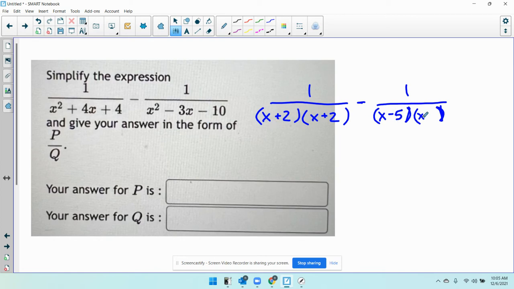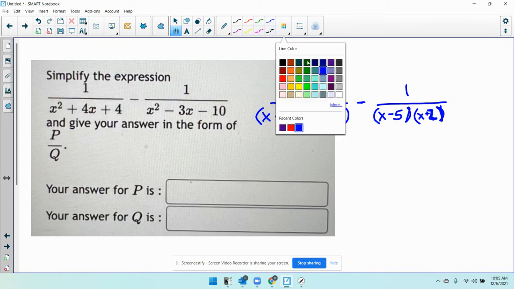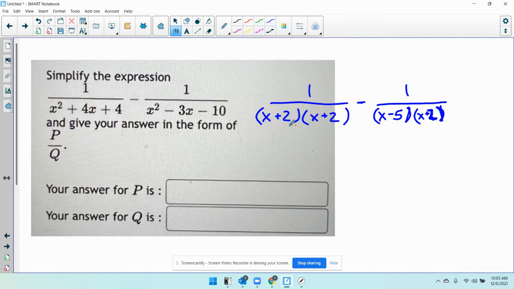That's negative 5 and positive 2. Okay, so they both have x plus 2. But this one has 2 of them, and this one has an x minus 5. So I got to multiply this first one by x minus 5 over x minus 5. And this one's missing a second x plus 2 over x plus 2.